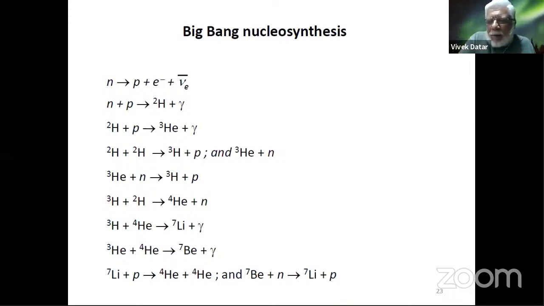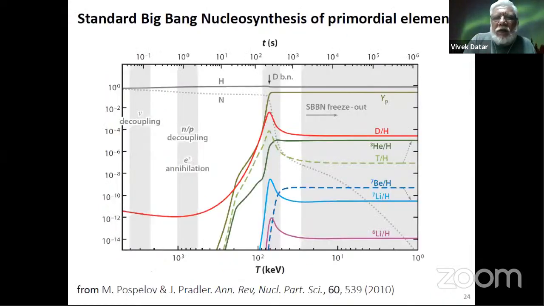The universe is so rapidly expanding that, as mentioned in this review's calculation, as the temperature comes down and the Big Bang reacting products expand, this is the time scale starting from 10 to the minus 1 seconds.